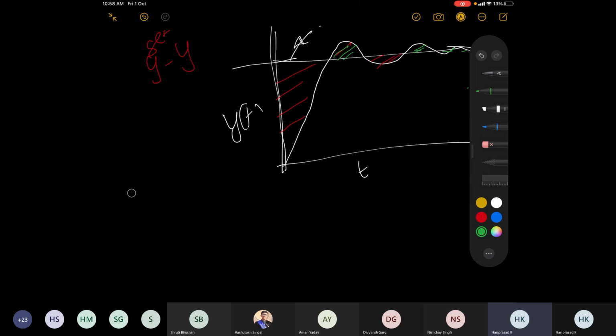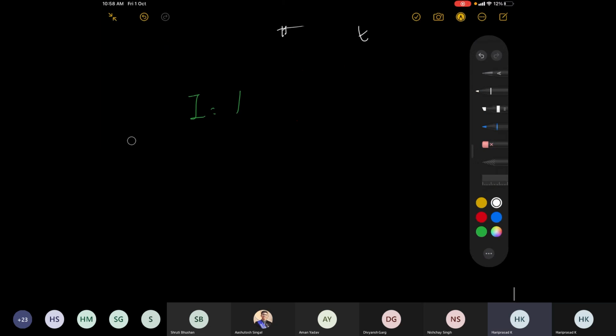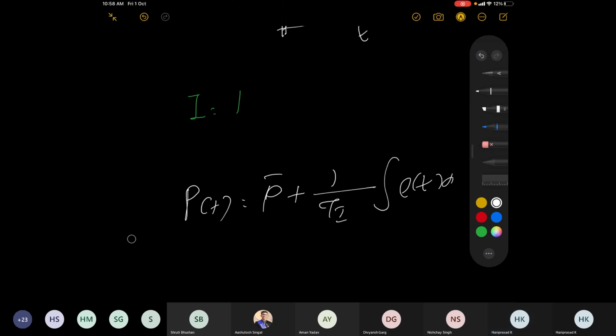The integral controller is P of t equals P bar plus 1 by tau I times the integral of E of t dt, and it is of course from 0 to t.